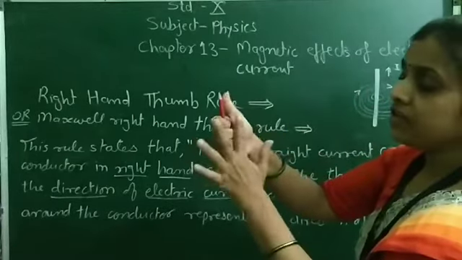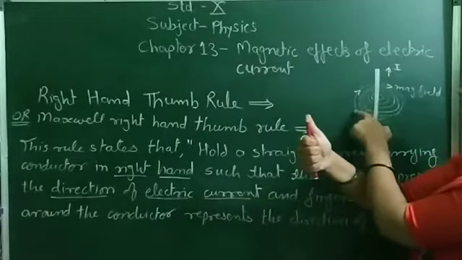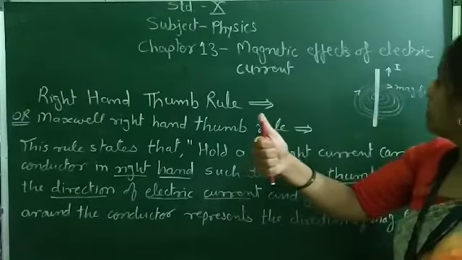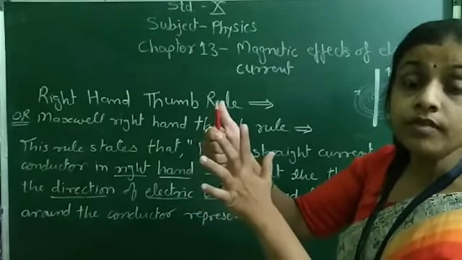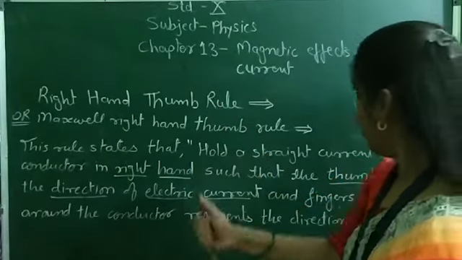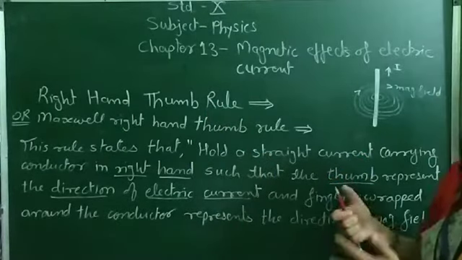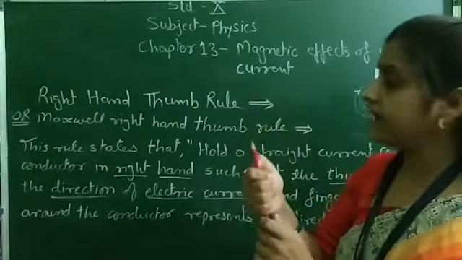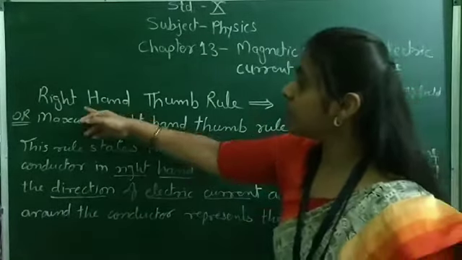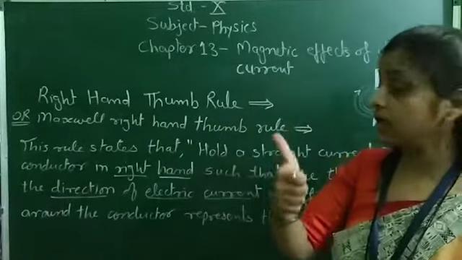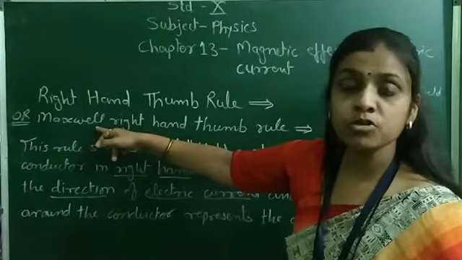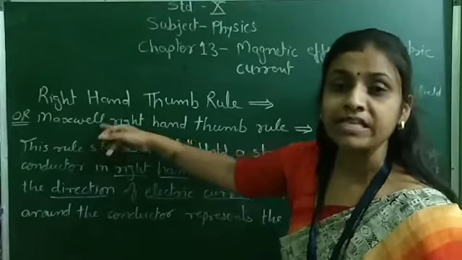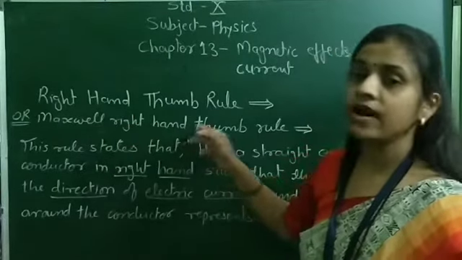These wrapped fingers represent the magnetic field produced due to this straight current carrying conductor, and that is called the right hand thumb rule. It was proposed by Maxwell, therefore it is called Maxwell thumb rule or Maxwell right hand rule.